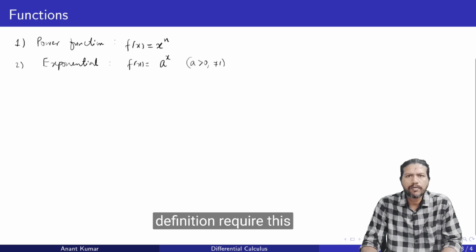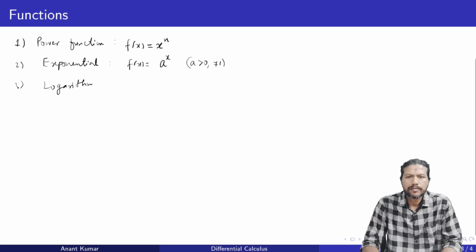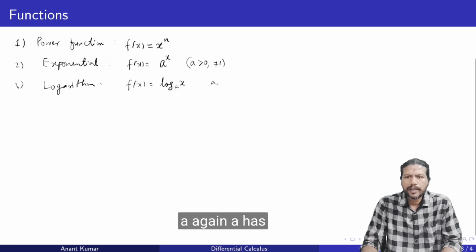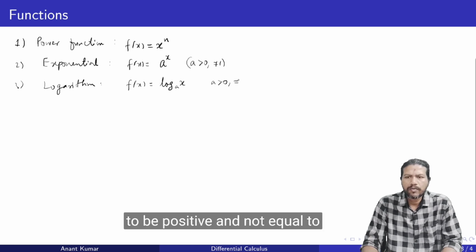By definition we require this. We have something called a logarithm, which is written down as log of x to the base a. Again, a has to be positive and not equal to 1.